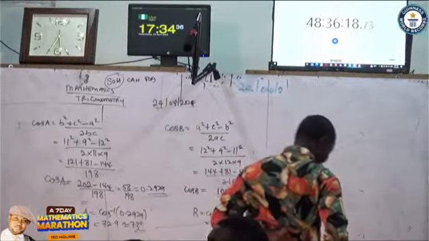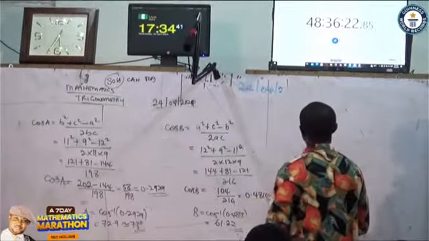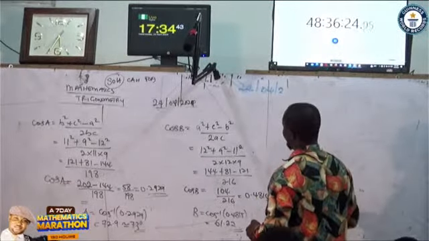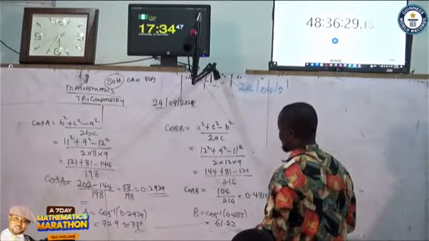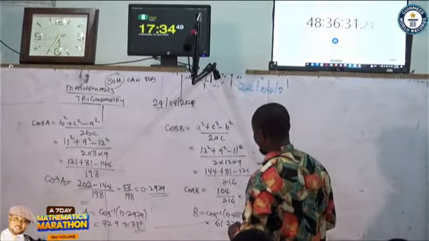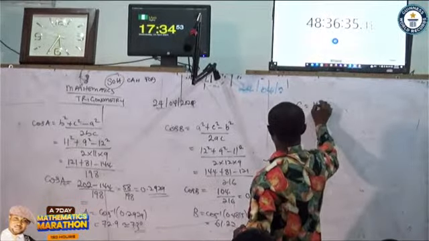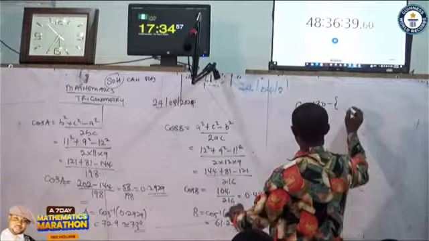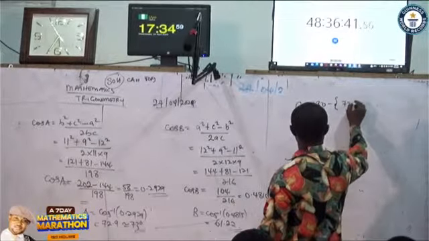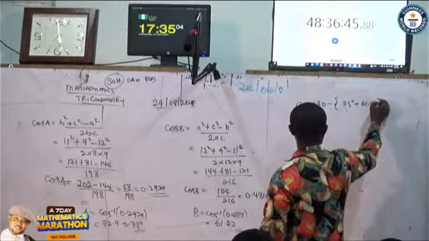So we have been able to get angle C, which will be equal to 180 minus 73 degrees plus 61.22.